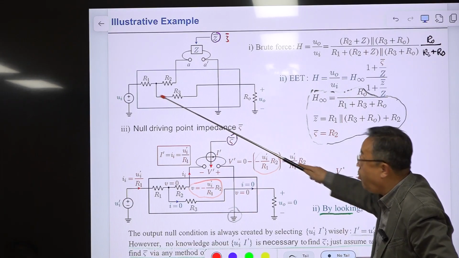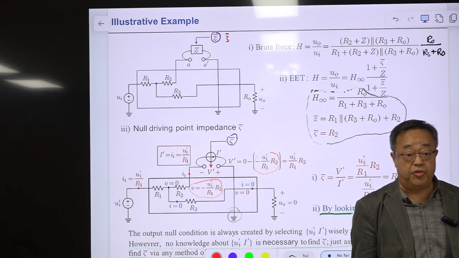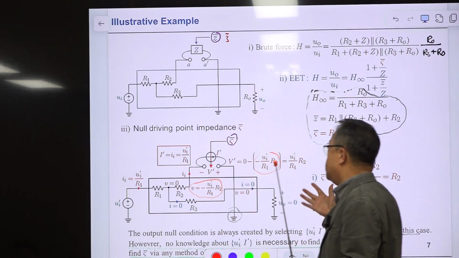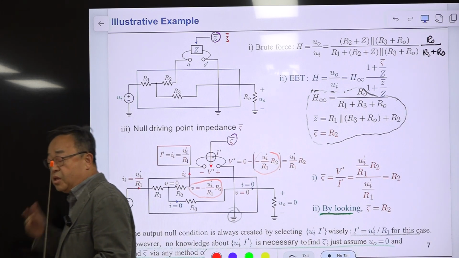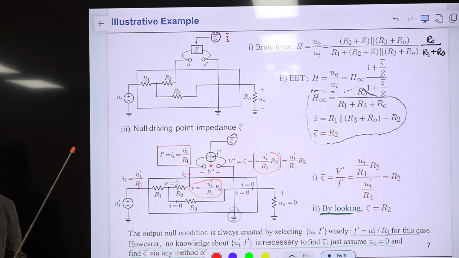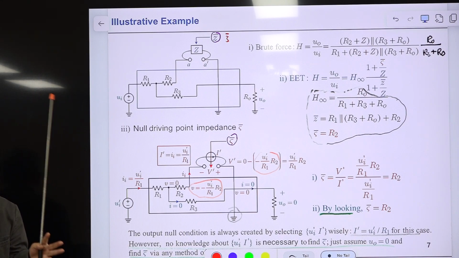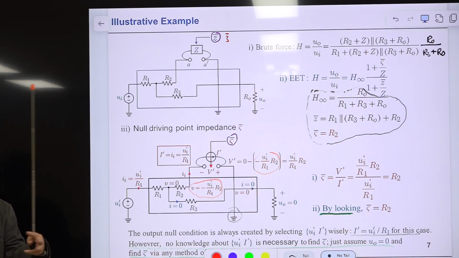Because of this output null condition, the null driving point impedance is R2. That's simple, right? This is the simplest case, and this is the normal case when evaluating the null driving point impedance. You don't have to calculate anything for many cases. Sometimes you do something.